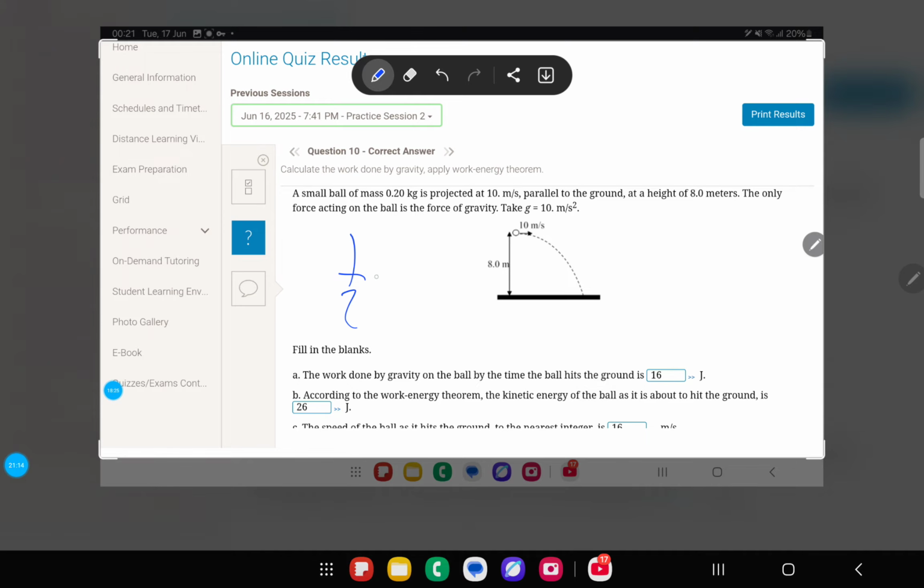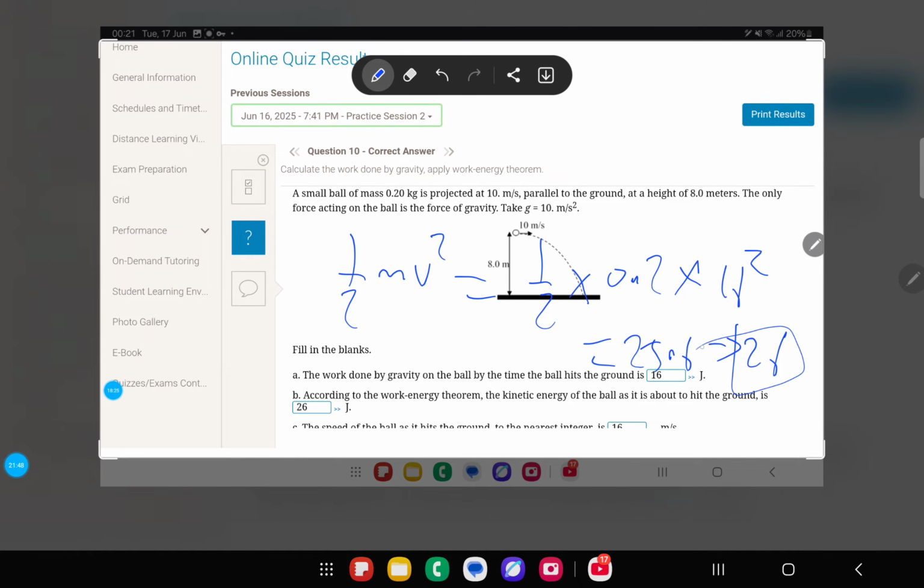We just use 1 over 2 mv squared because we only want the final, not the change. 1 over 2 times mass 0.2 times v squared, where v is 16. 16 squared times 0.2 times half is 25.6, which we rounded to 26. And that's the answer.